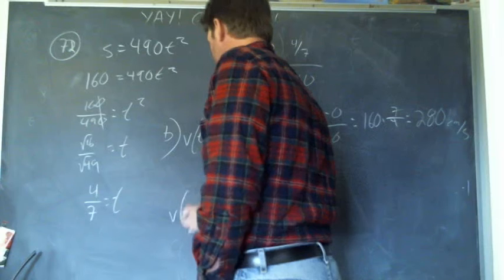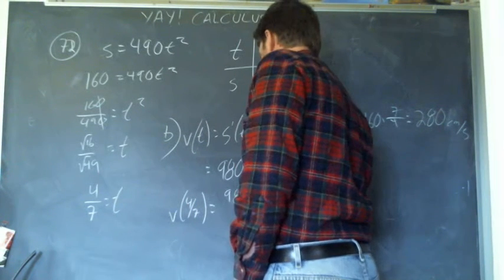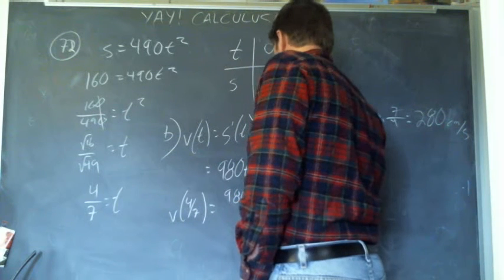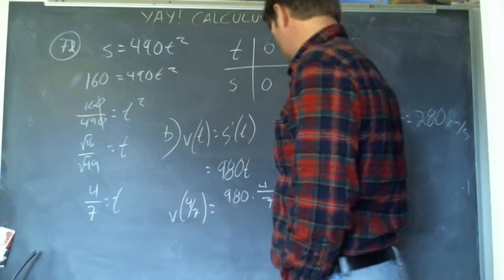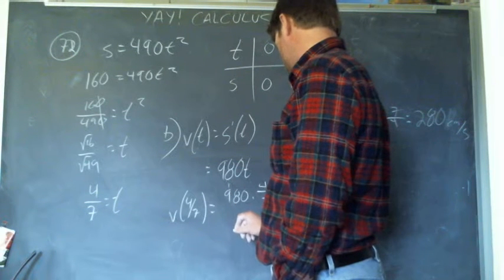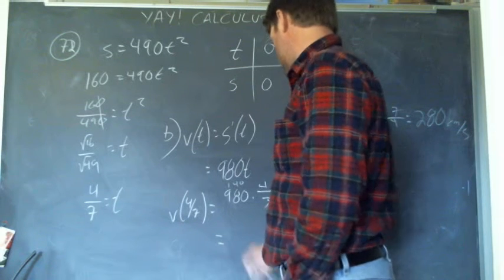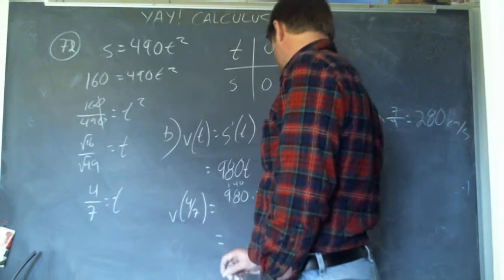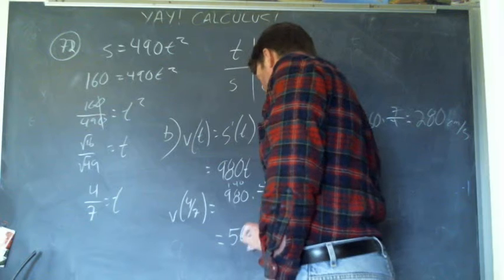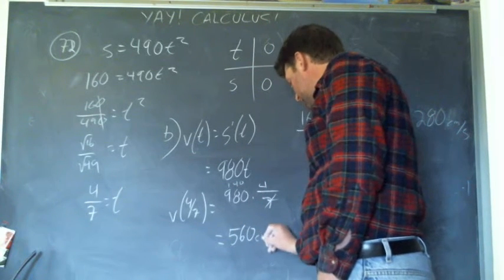So our velocity at time 4/7 is 980 times 4/7. 7 goes into 980, that cancels, and we get 140 times 4, which is 560. So our instantaneous velocity is 560 centimeters per second.